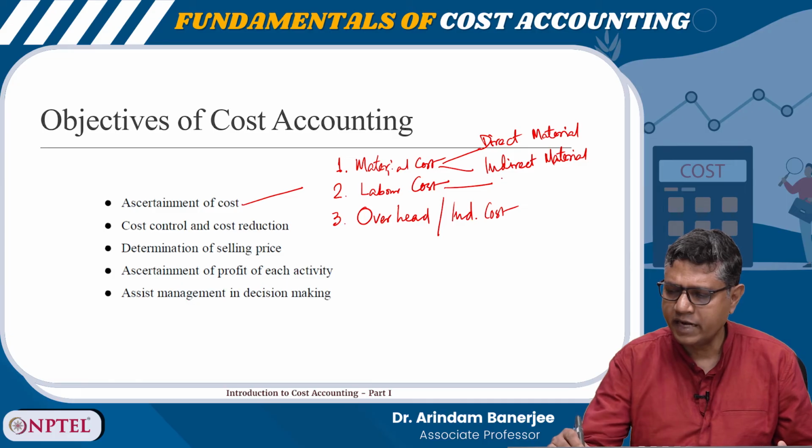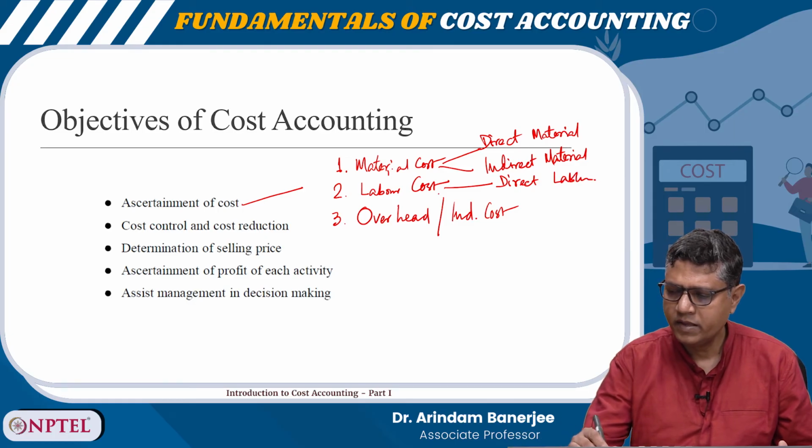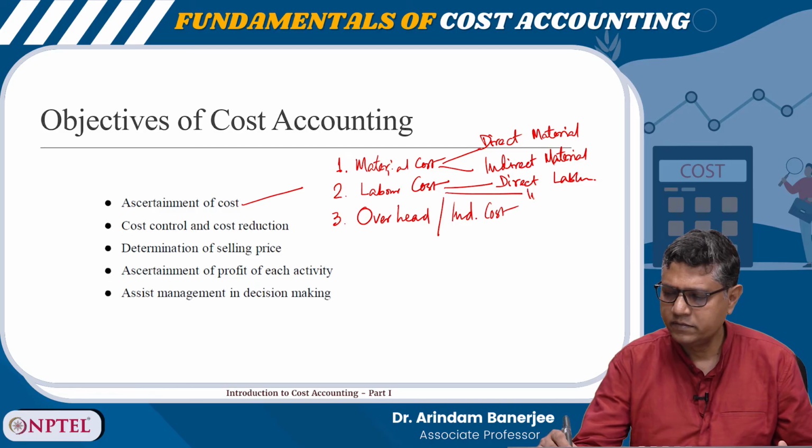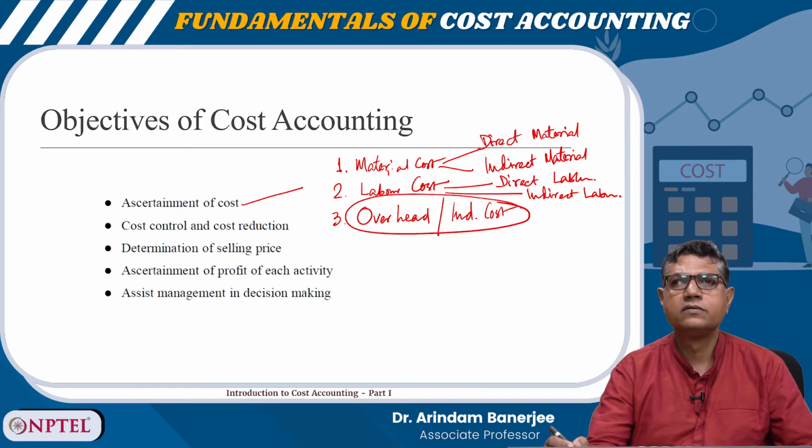Similarly, labor cost can be direct labor and indirect labor. And all the indirect costs I can simply add up here in the overheads.